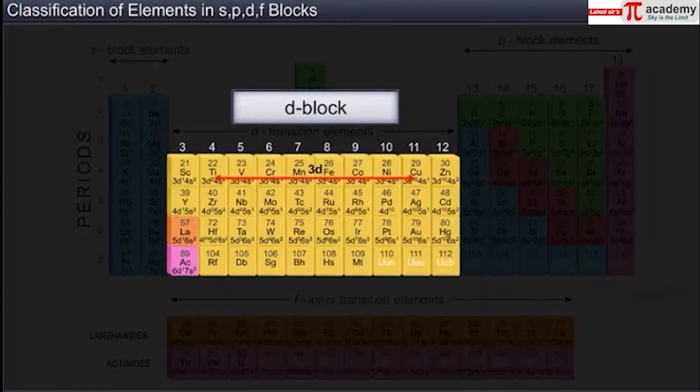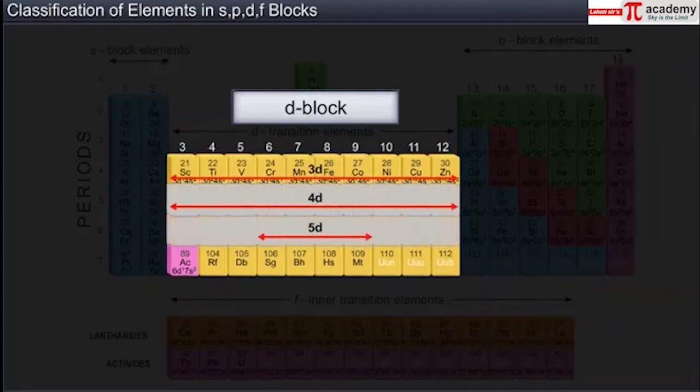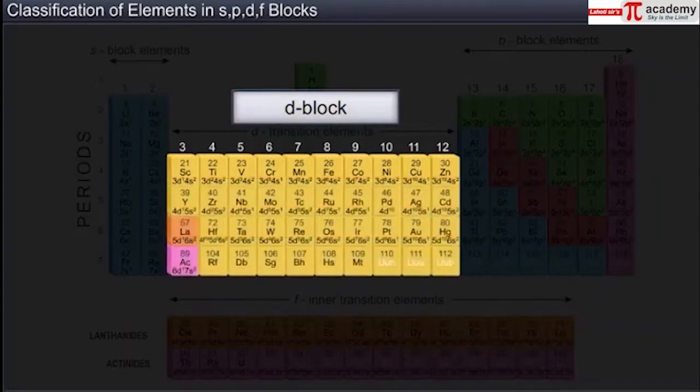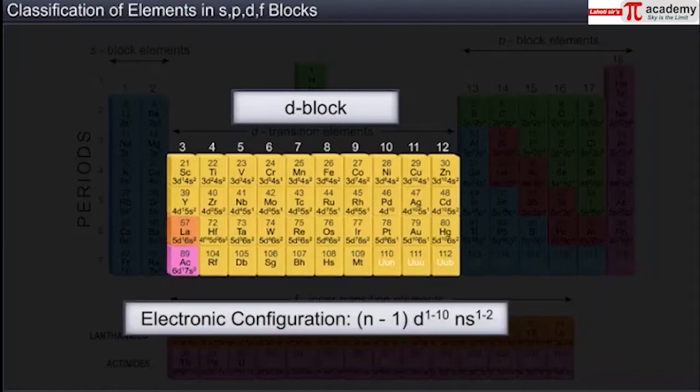As the differentiating electron or the last electron enters into the penultimate or second outermost shell, that is, the (n-1)d orbital, they are referred to as d block elements. These elements have an outermost electronic configuration of (n-1)d1 to 10 ns1 to 2.